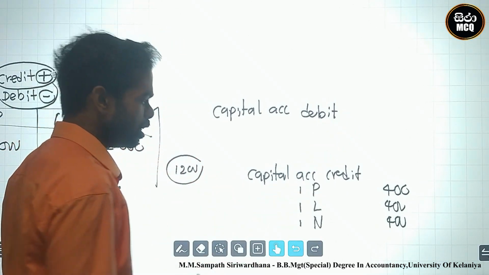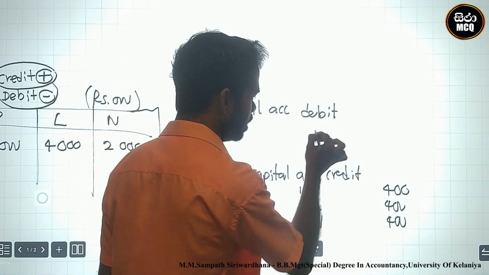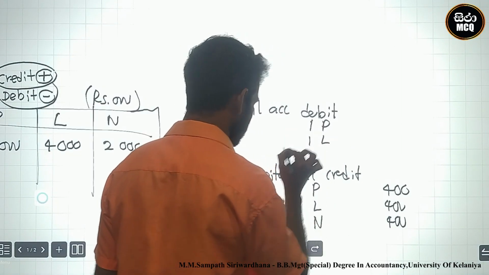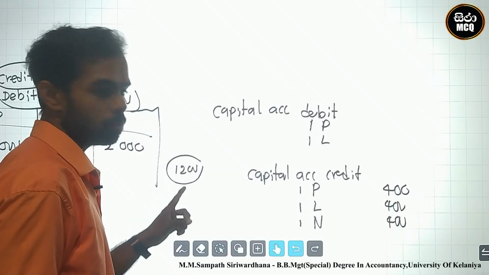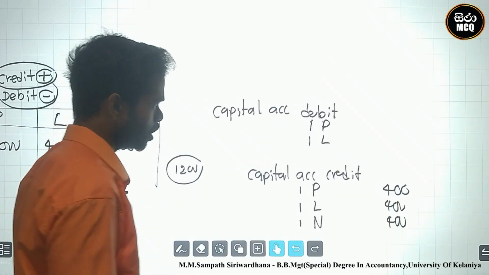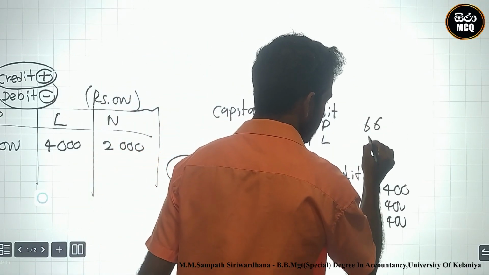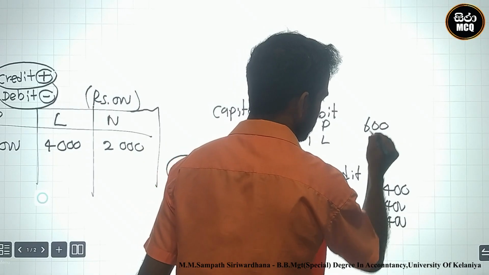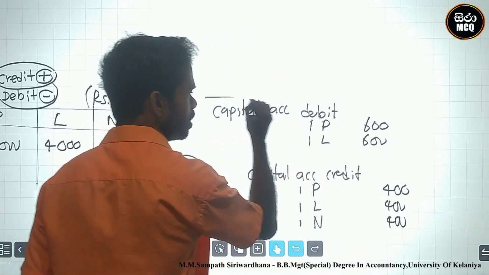New partners. Okay, new partners, without Neil, are PL and Lal. The equal ratio, 1 to 1. 1200 divided in 1 to 1 means 600 and 600. This is the answer.